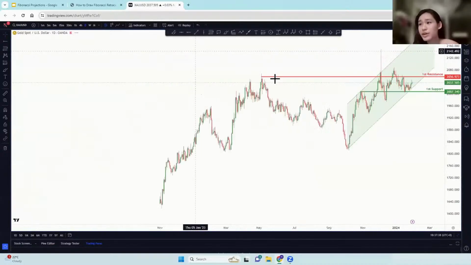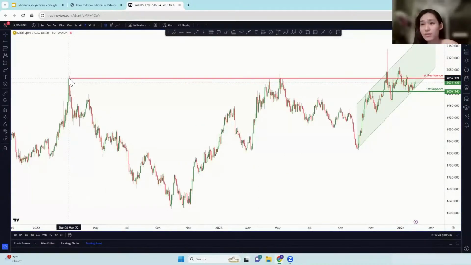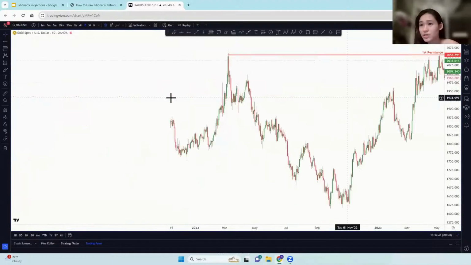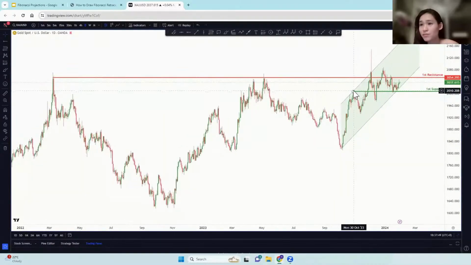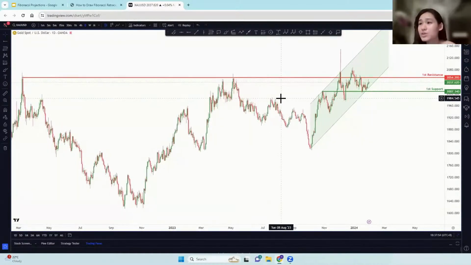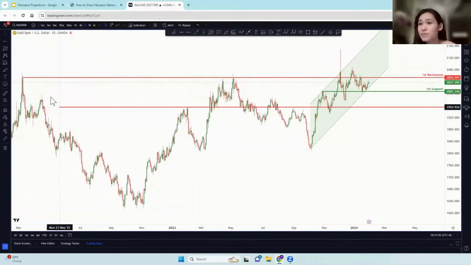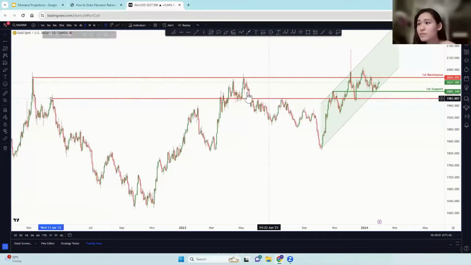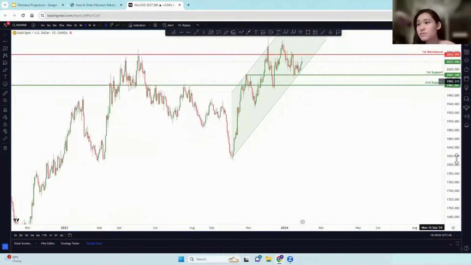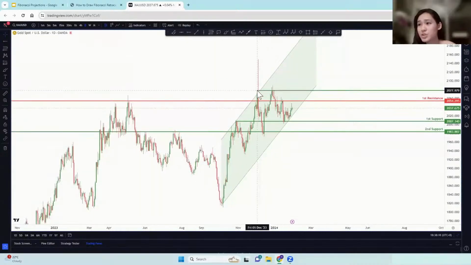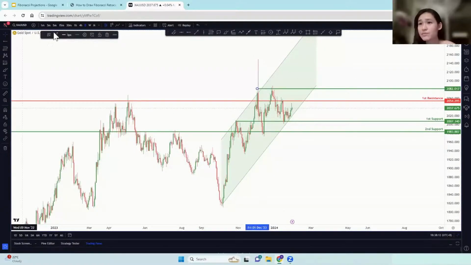I typically will try and look to see if I can pull it back as far as possible so that we can see how significant that level is, because the more times price has tested that level, the more likely it is to reverse off of it again. Okay, so this would be my second support. And then my second resistance would just be at this week high.